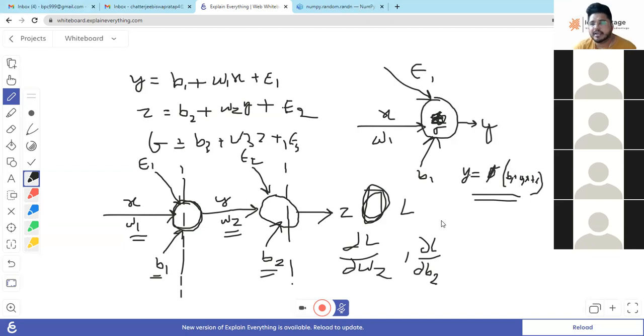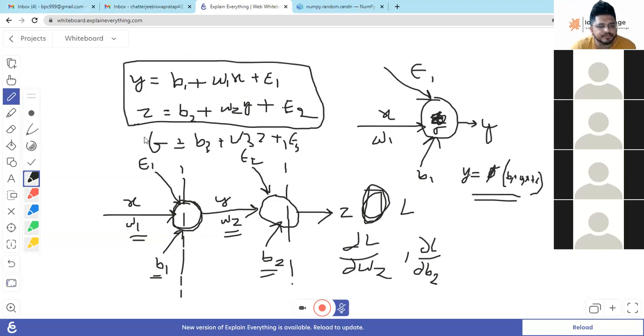So as a homework, this is your system of linear equations. I want you to write the code in NumPy for training this system of linear equations.